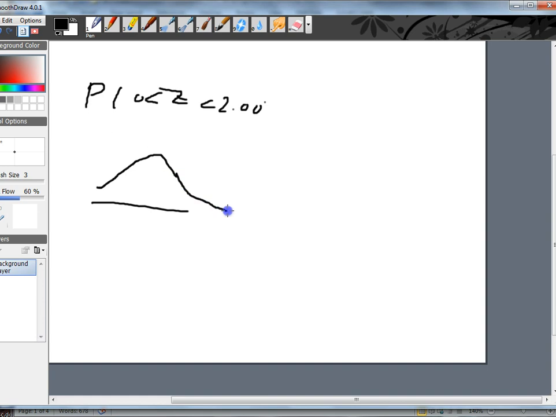If I graph this one here, I go from 0 to 2 here, and then I would go to the z table.